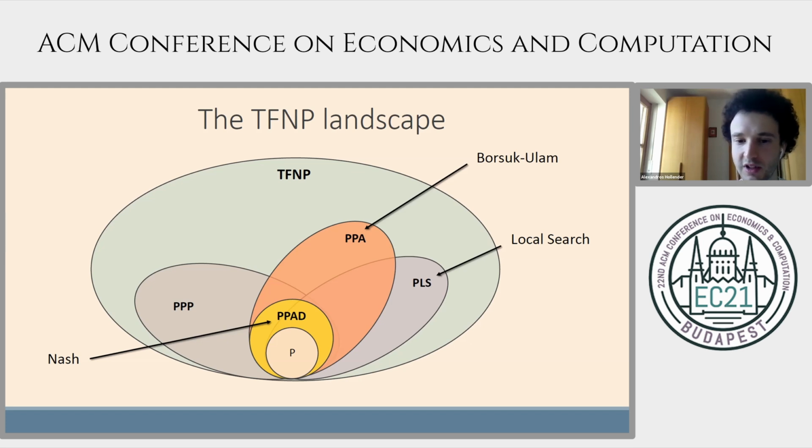And the class that we will care about here for this talk today is PPA, which you can think of as containing all TFNP problems where totality, namely the existence of a solution, follows by the Borsuk-Ulam theorem, this topological fixed point theorem. Now recall that the consensus-halving theorem can be proved using Borsuk-Ulam, and so that means that our consensus-halving problem lies in PPA.